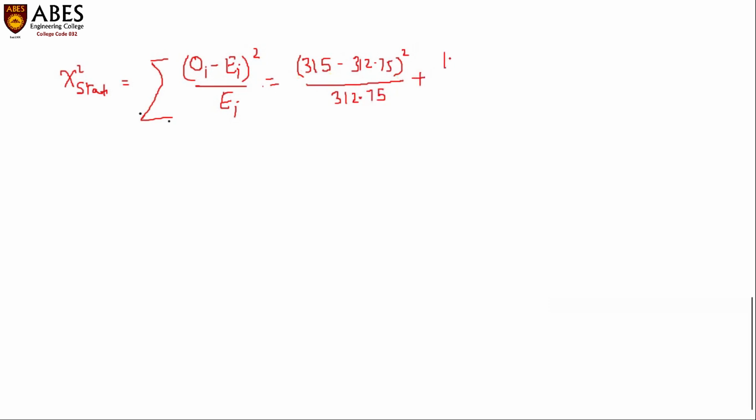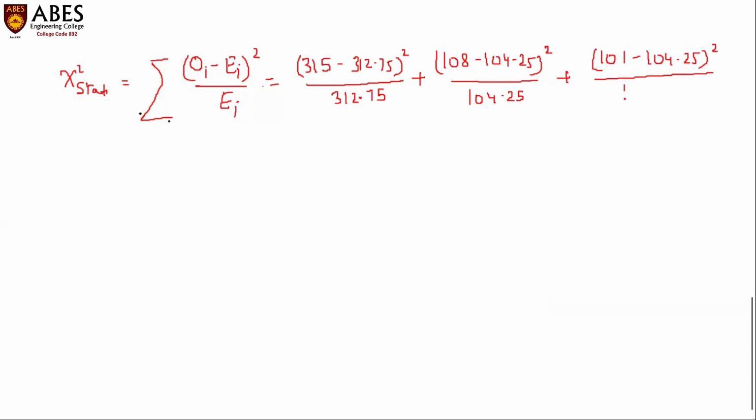Plus (108 minus 104.25) whole square upon 104.25, plus (101 minus 104.25) whole square upon 104.25, plus (32 minus 34.75) whole square upon 34.75.